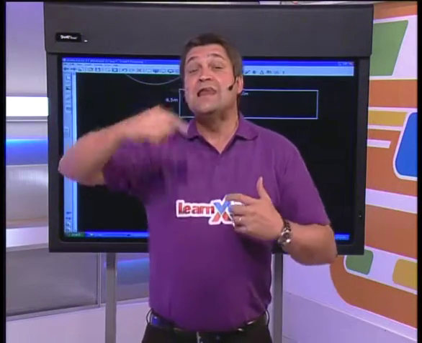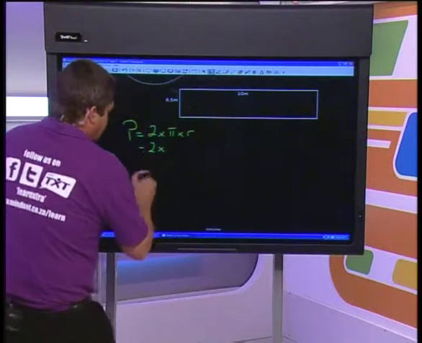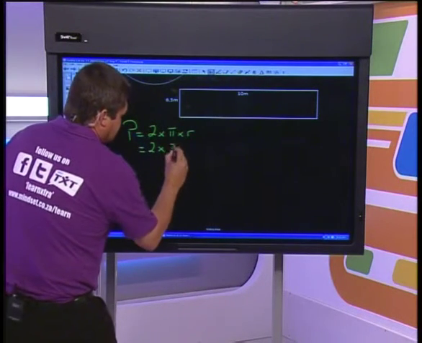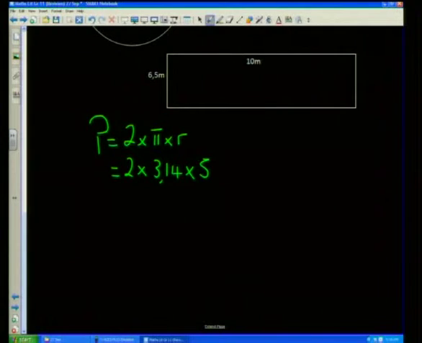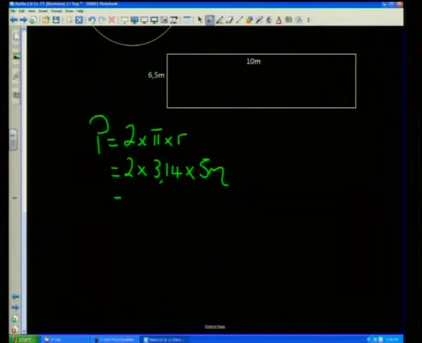Your examiner will say, here's the formula, circumference of a circle is equal to 2 times pi times r, let pi equal 3,14. And guys, if your examiner tells you that pi must equal 3,14, then make it equal to 3,14. So I'm going to say 2 times 3,14 times my radius, which we said was 5 meters, equals.